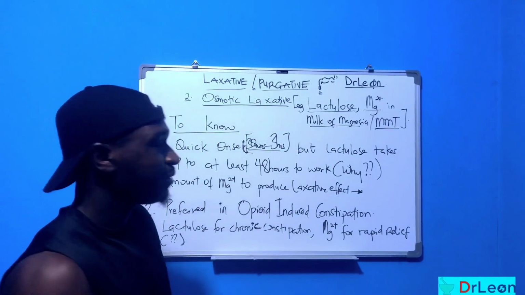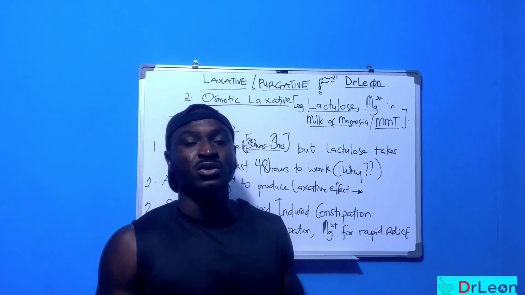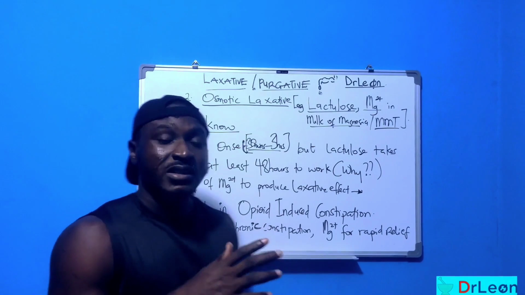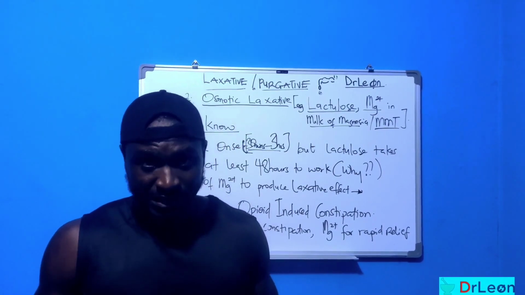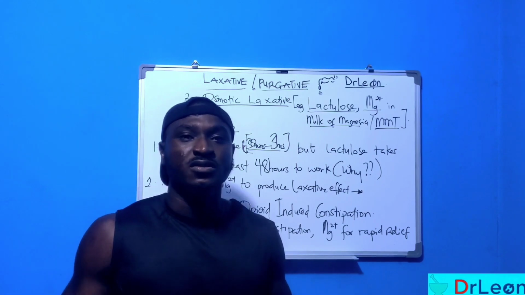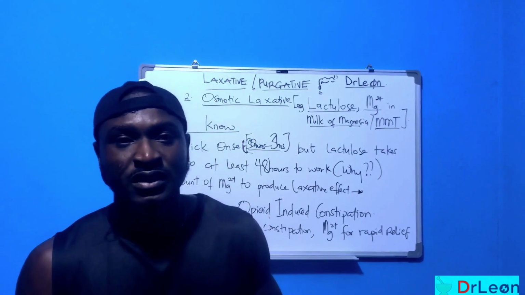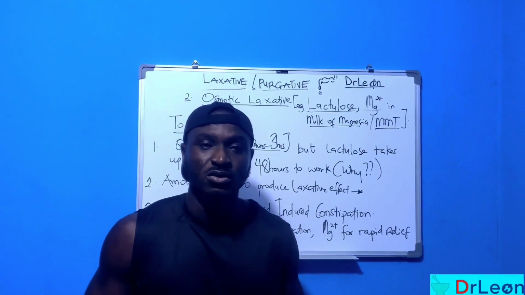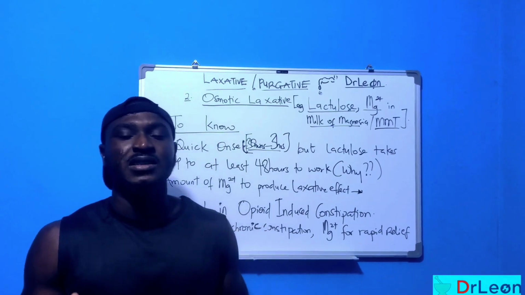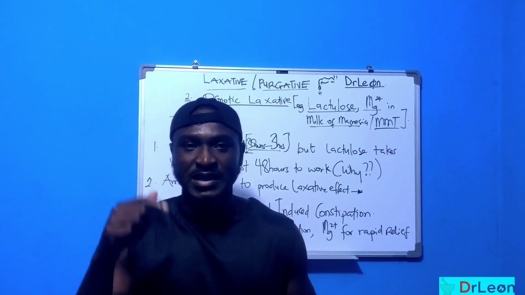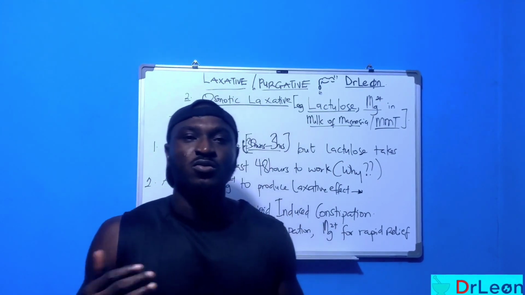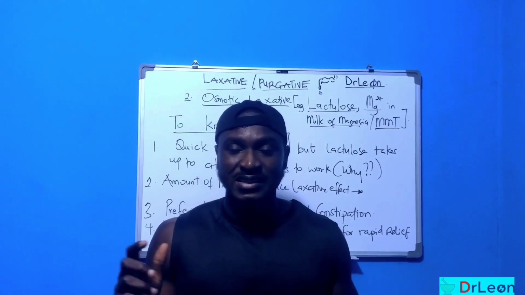And what's the reason? The reason why lactulose takes up to 48 hours to work is that lactulose itself is not osmotically active. So it has to be converted to an osmotically active substance or ions. When you take in lactulose, it has to be broken down, fermented by the bacteria in our GI tract into an osmotically active acid like acetic acid.